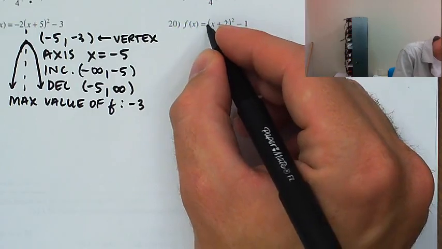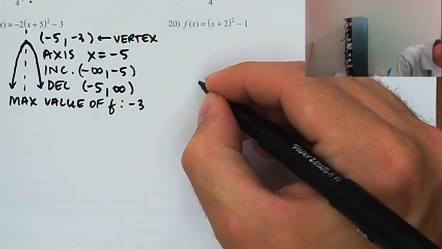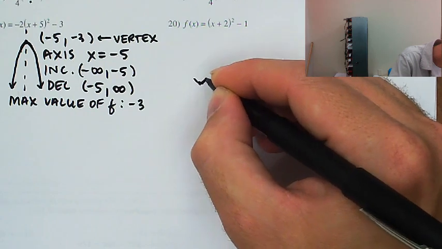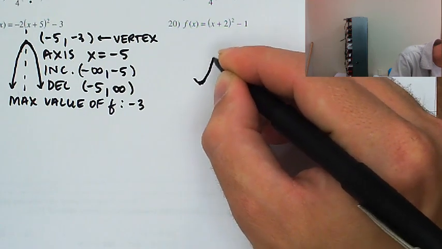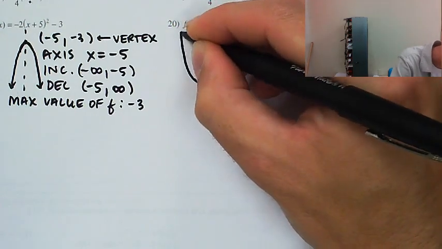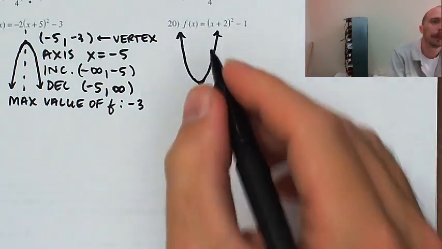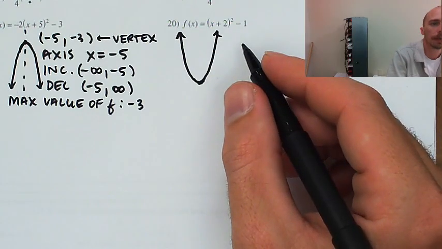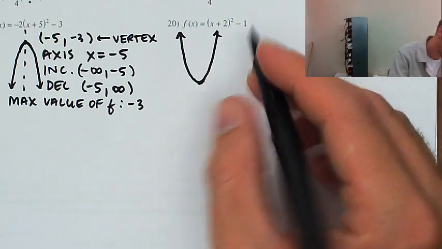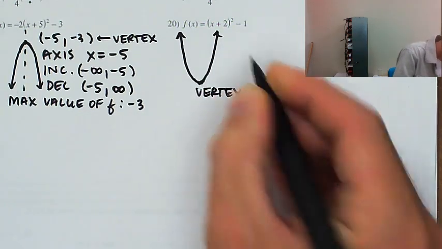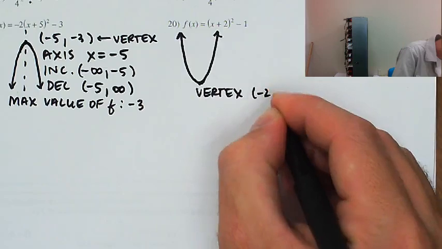Okay, so that's positive 1 there, so it's going to open upwards and be, you know, standard width. And, okay, what was I thinking? Totally lost myself. Okay, vertex where x is -2 and y is -1.